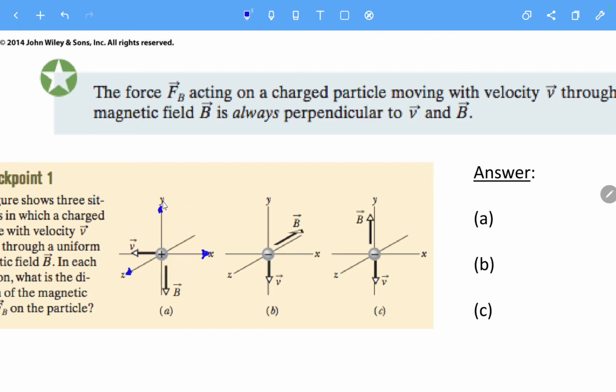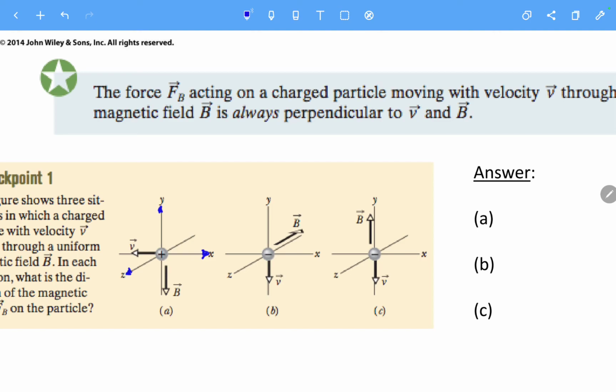I draw the blue arrow pointing to the positive x, positive y, and positive z. So which direction is v cross B? He said negative z.